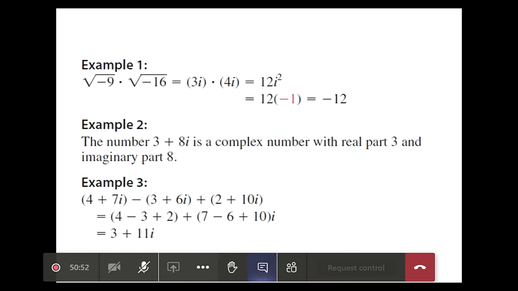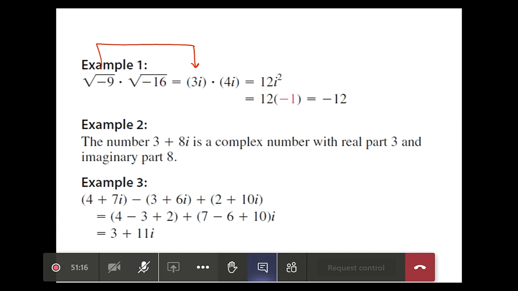Example, we need to multiply two radicals with negatives inside the radical. What's the value of radical minus 9? This equals 3i. Why 3i? Because we have a negative, remove the negative, put i, and radical 9 equals 3.